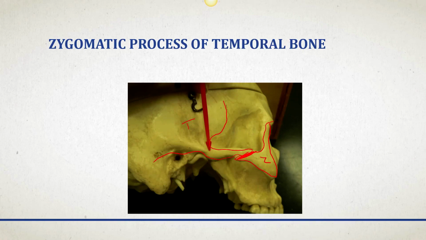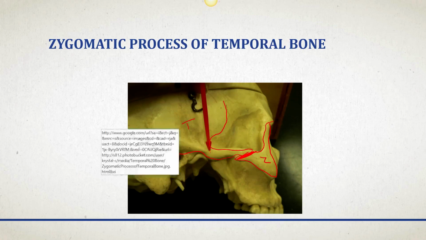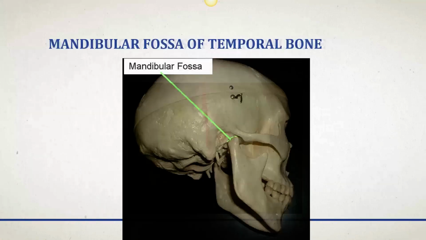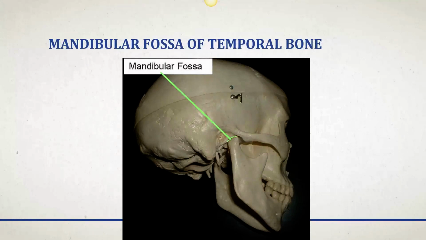When we're talking about the zygomatic process of the temporal bone, we're talking about the temporal side that touches the zygomatic bone, so this region right here. There is also a temporal process of the zygomatic bone, and we'll talk about that one once we get to the zygomatic bone. The mandibular fossa is the indentation under here where the mandible would sit.